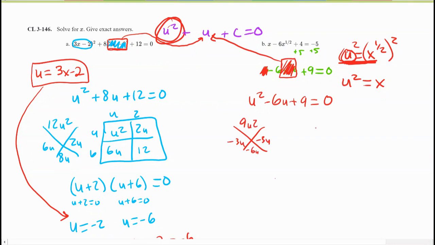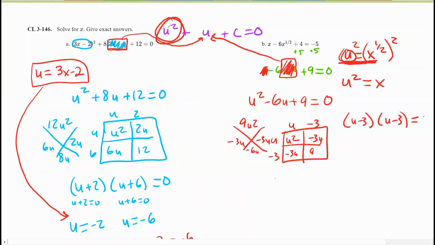So in this one, when I factor this, I end up getting u minus 3 times u minus 3. I did this all in the same color by accident, that's my fault. But when I solve, I get a single answer where u is equal to positive 3.